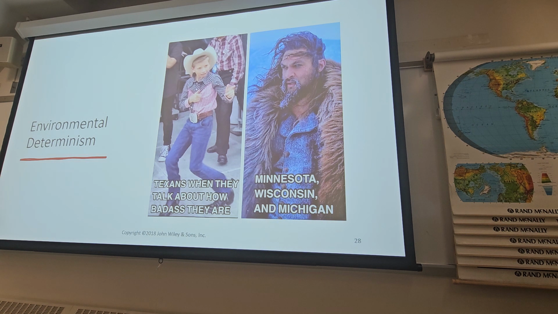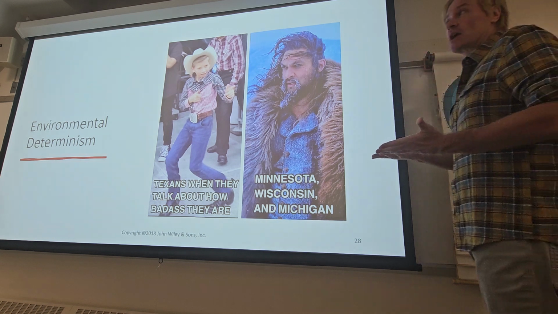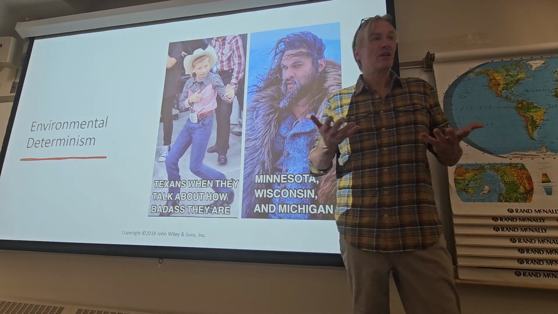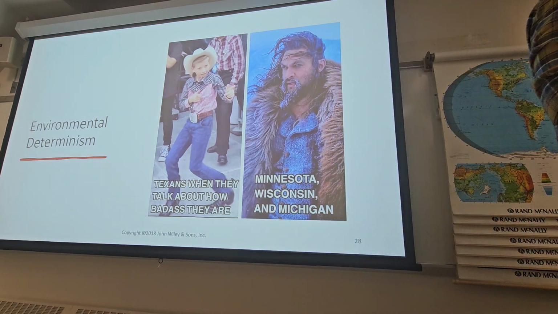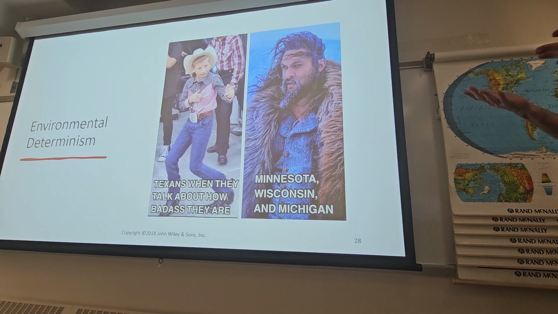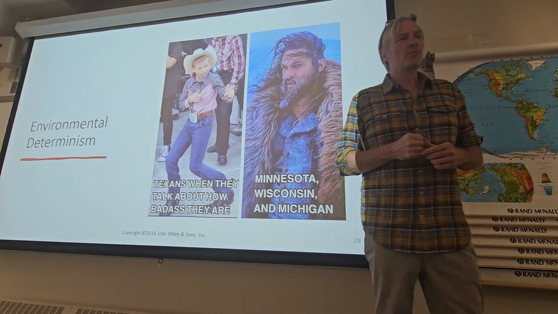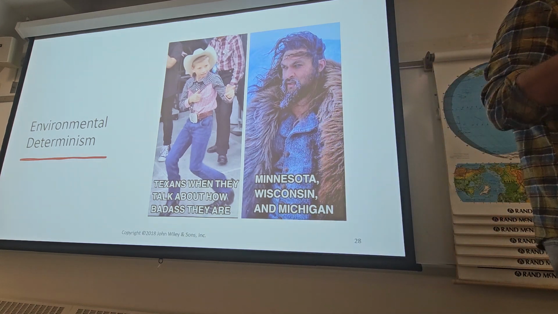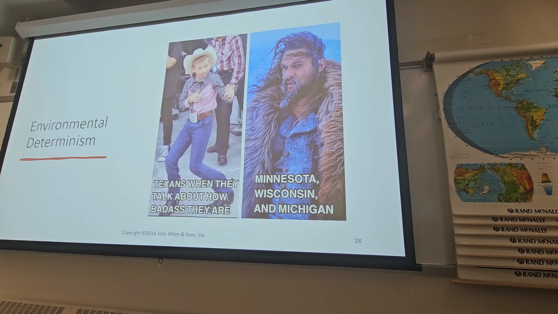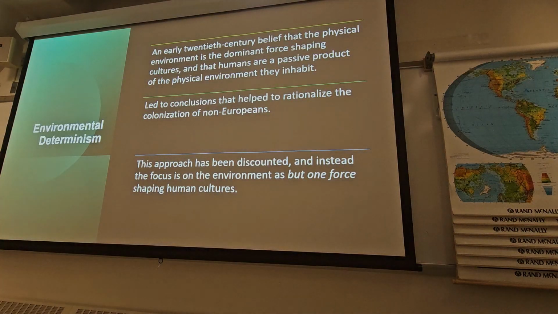But then through time, as it was rigorously examined, it was determined that a lot of the things that people were chalking up to an environmental effect was actually more of a cultural thing rather than the actual physical environment. Do our harsh winters make us just a tougher people? It's like, well, I don't know about that, right? But this meme was going around, so I thought it was a good example.